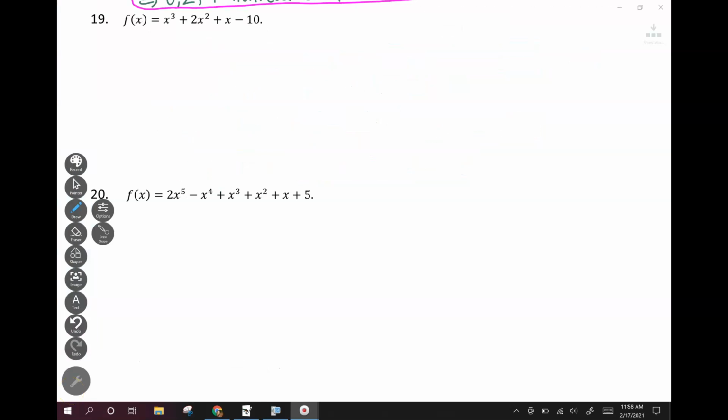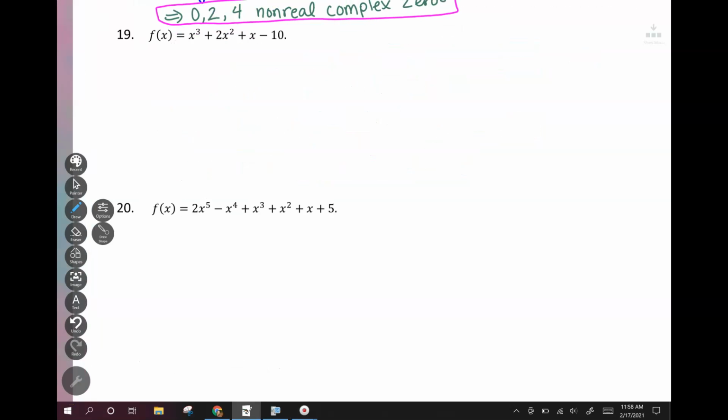All right, let's do another one. So we'll start by counting our sign changes on number 19. Positive to positive, positive to positive, positive to negative. So we only have one sign change for f of x, which means we must have just one positive real zero.